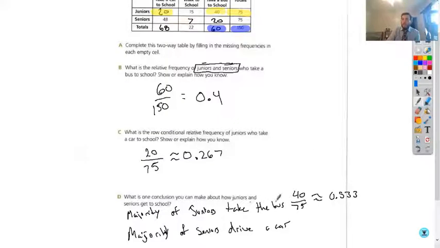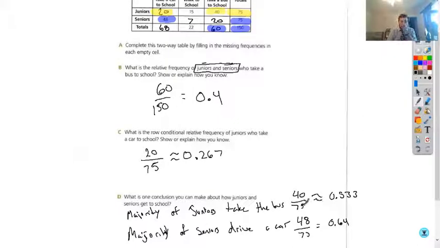Then, to show the majority of seniors drive a car, I want to take the row conditional frequency of seniors, so the total seniors that take a car, over the total number of seniors, which is 75. So the total seniors that take a car is 48 over 75, and then that equals 0.64, which shows that about 64% of seniors drive a car to school, which is the majority there.